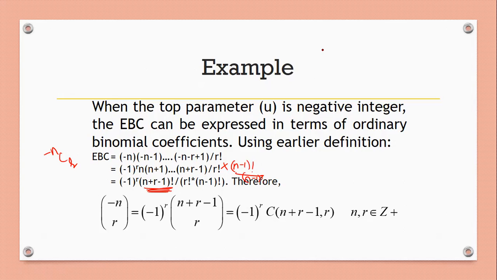Whenever you are finding a factorial, suppose you find 6 factorial, you write it as 6 into 5 into 4 into 3 into 2 into 1. That is, your last term should be 1. Over here, our last term is n. So after n also, we need n minus 1, n minus 2, and so on up to 1. That is the reason we are multiplying both the numerator and denominator with n minus 1 factorial.